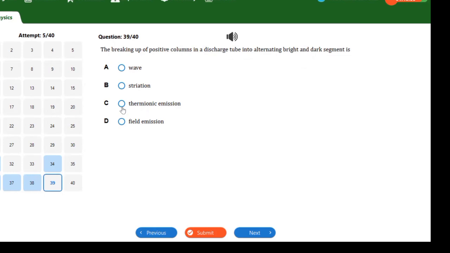Then field emission. The correct answer is striation. Please take note of this. The breaking up of positive columns in a discharge tube into alternating bright and dark segments is called striation. So that is option B.